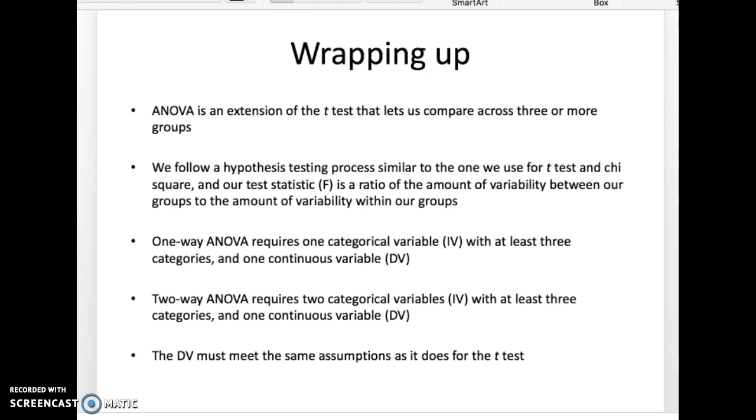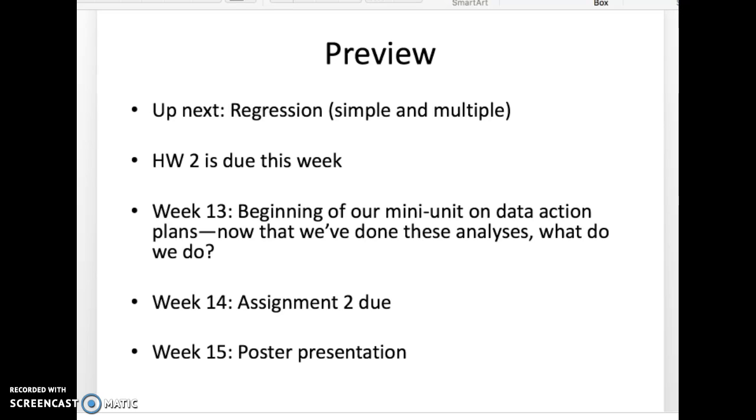Our one-way ANOVA requires 1 categorical variable, which is our independent variable, with at least 3 categories or levels, and 1 continuous variable, which is our dependent variable. Our two-way ANOVA requires 2 categorical variables, with at least 3 categories, and 1 continuous variable. The dependent variable must meet the same assumptions as it does for the t-test.